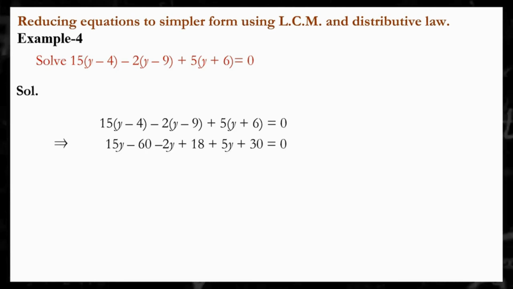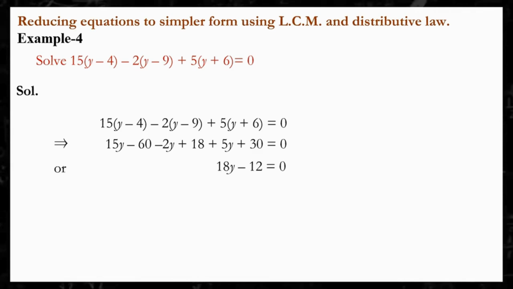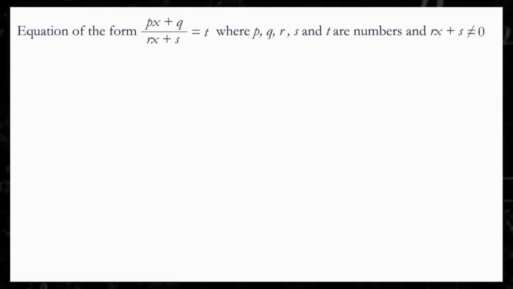Implies 15y minus 60 minus 2y plus 18 plus 5y plus 30 is equal to 0, or 18y minus 12 is equal to 0, or y is equal to 12 upon 18. y is equal to 2 upon 3.